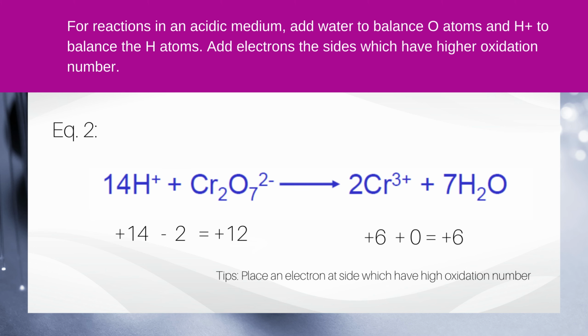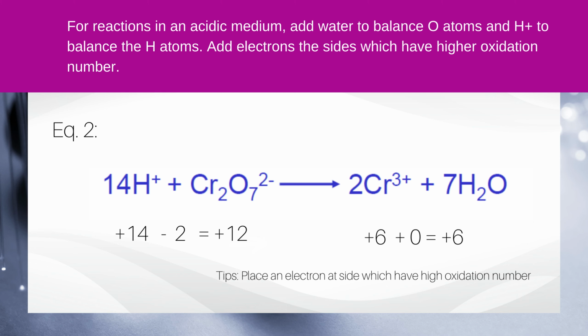Next, we need to balance the charge. From the equation, at the left side, that means plus 14 minus 2, so the charge for the left side is plus 12. At the right side, 2 times 3+, that means plus 6, and H2O has no charge. So the charge at the right side is plus 6. Remember to place an electron at the side which has high oxidation number.